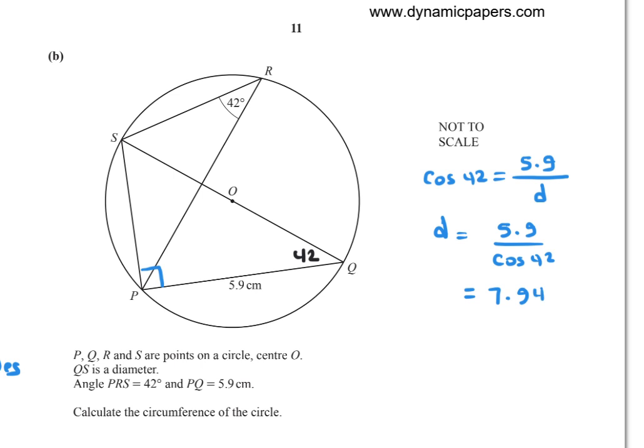Now to find the circumference, pi times the diameter, so pi times 7.94 equals 24.9 to 3 significant figures.